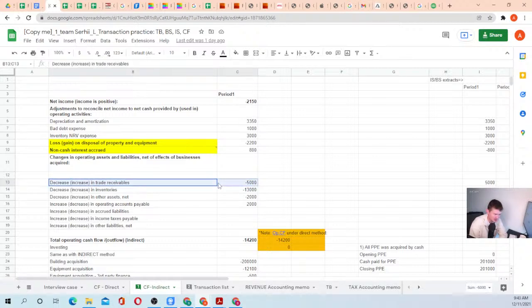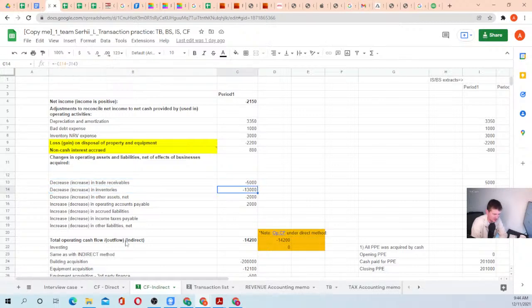So any increase in trade receivables will adjust your net income and will decrease your operating cash flows. And the opposite works for accounts payable. Any increase in accounts payable improves your cash flows, and inventories are the same as receivables.